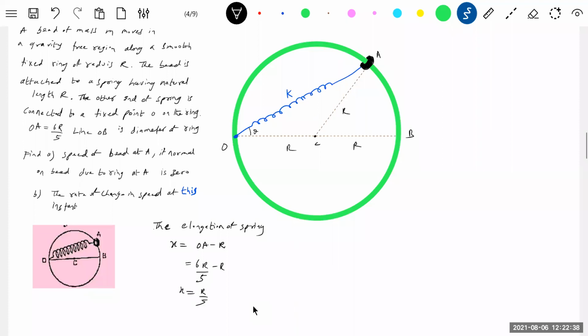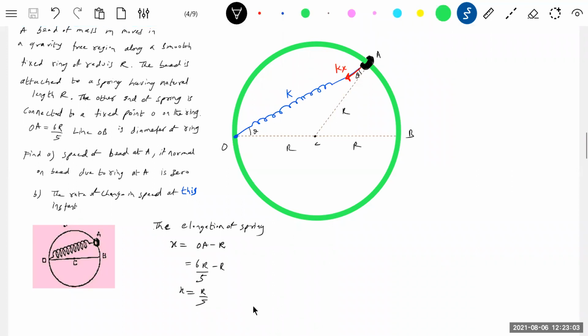The spring force will act along the direction AO. Then we don't know this theta. So then it's telling the speed of bead A if normal on bead due to ring at A is 0.